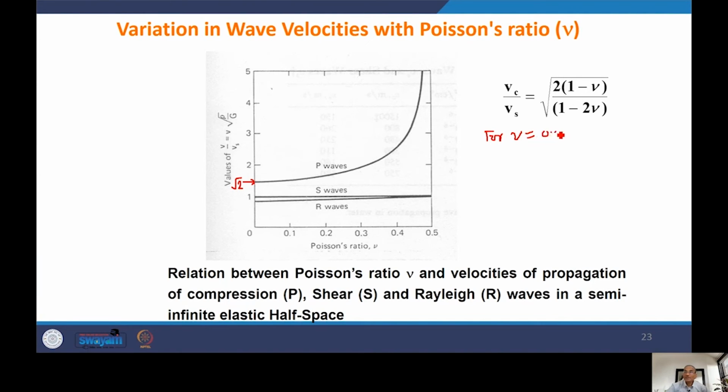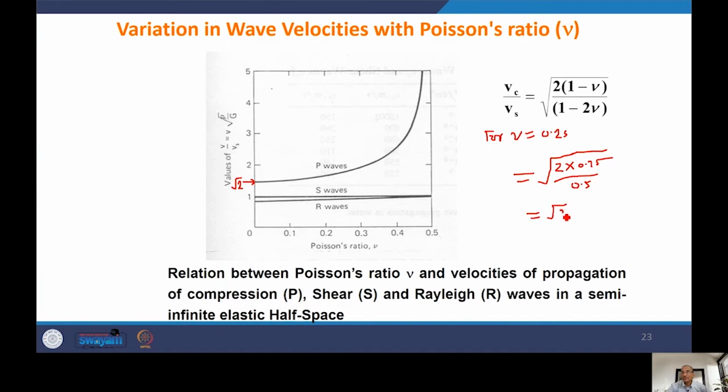This ratio will come out to be root of 2 times (1 minus 0.25) divided by (1 minus twice 0.25). So that means you have 1.5 divided by 0.5, so it will be root 3.